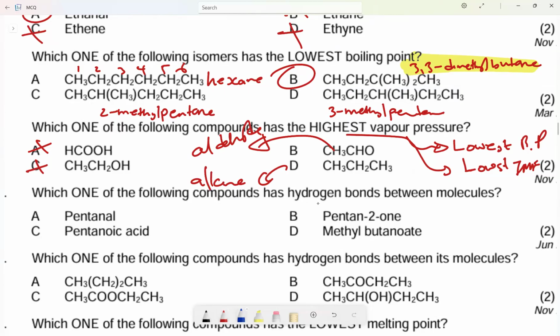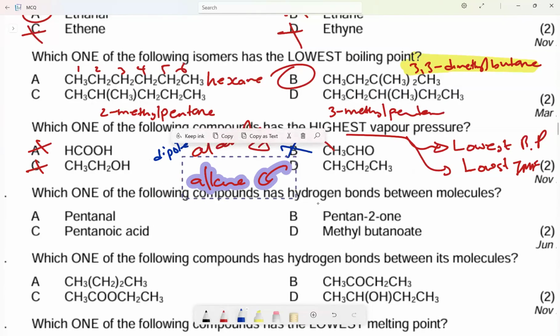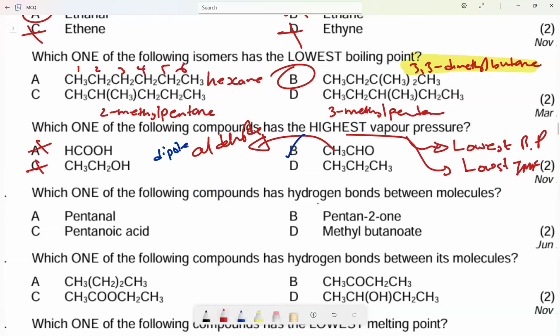Between an alkane and an aldehyde, which one has a stronger dipole? This one, because this one is a dipole. So which one has stronger intermolecular forces? It is the aldehyde. So this one is also not the one. The one that has the lowest intermolecular forces, which is the alkane, with London forces, is the most correct answer, which is D.